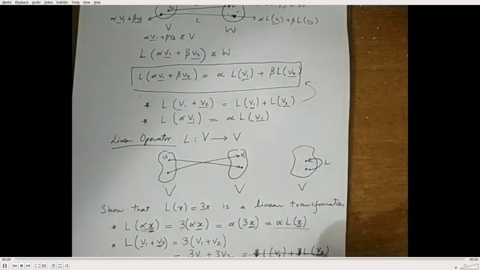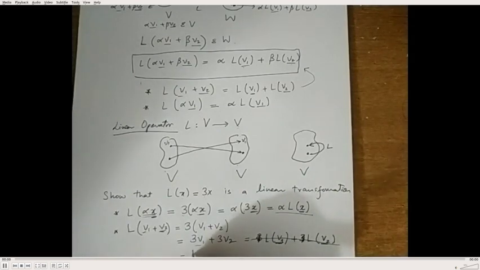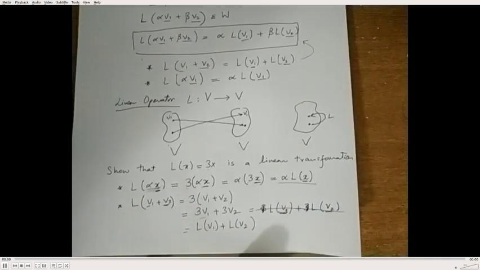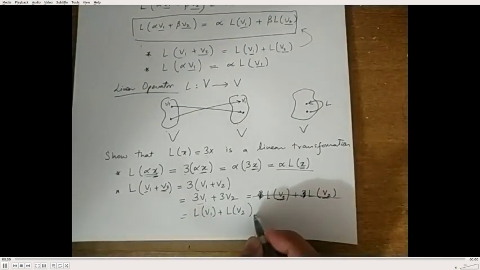Let me write this again. This is simply L of v1 plus L of v2, and that's the correct form.